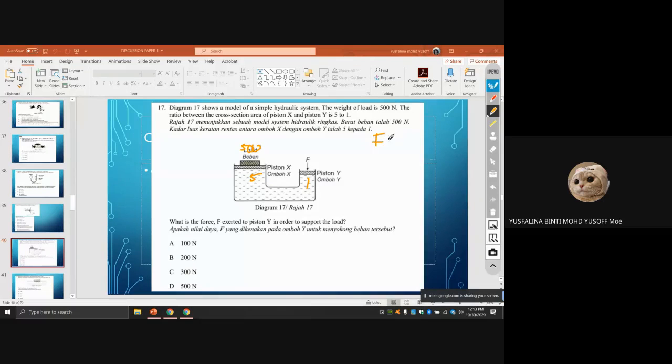This one uses Pascal's principle: F1 divided by A1 equals F2 divided by A2. So 500 divided by 5, F2 divided by 1. We just cross multiply. So the answer should be A here, right? Alright, the next one.